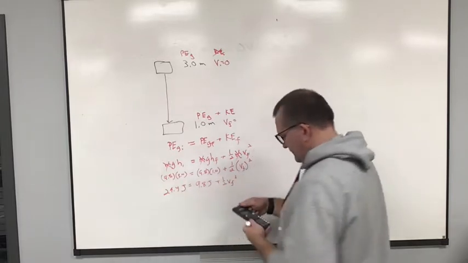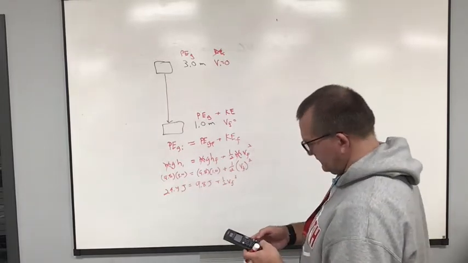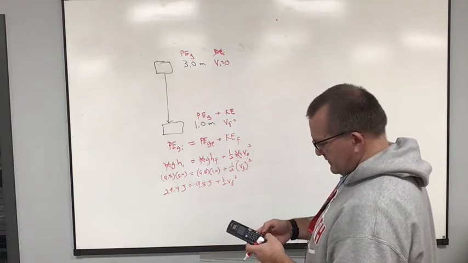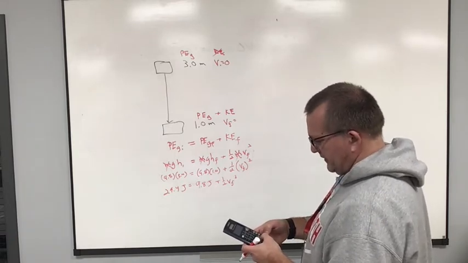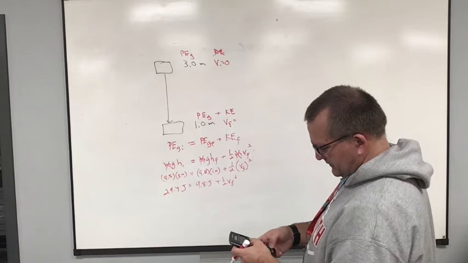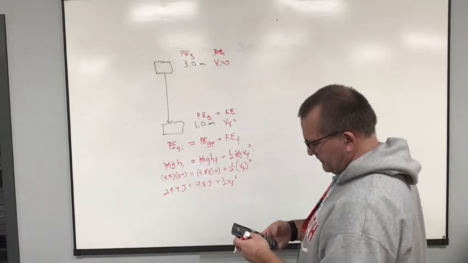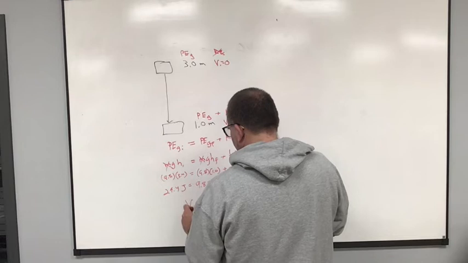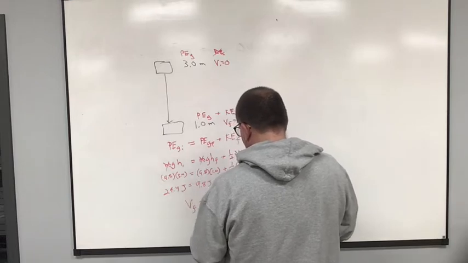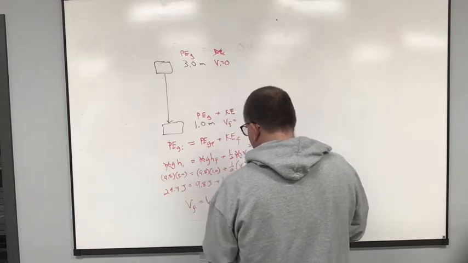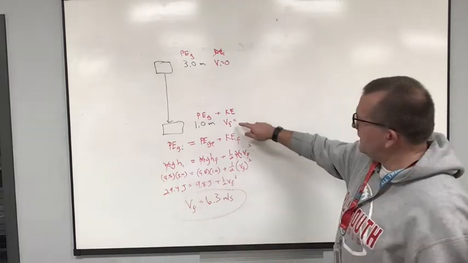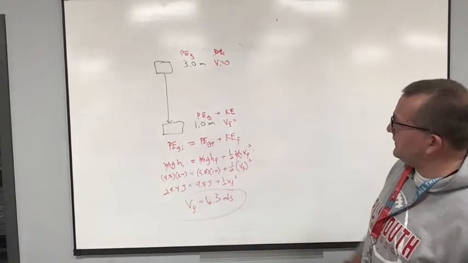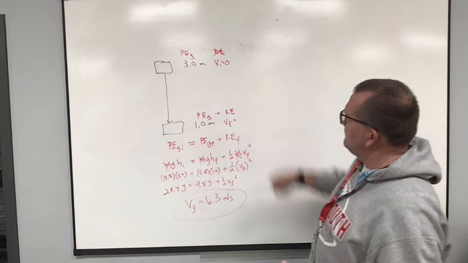I subtract this over, divide by 1/2, and then take the square root, and I get the final velocity to be 6.3 meters per second. So it has a final velocity of 6.3 meters per second after it has dropped that far.